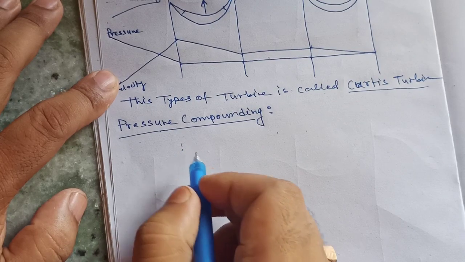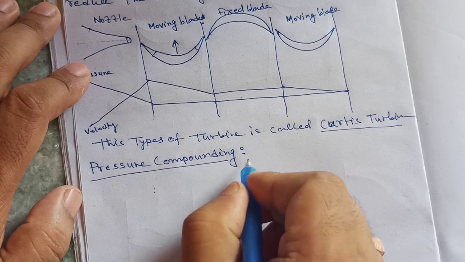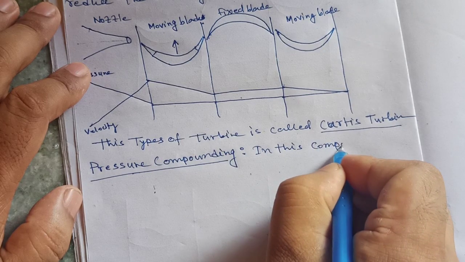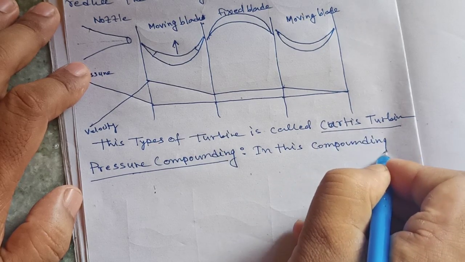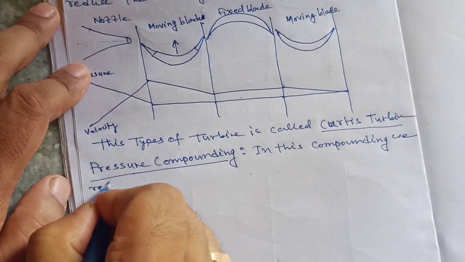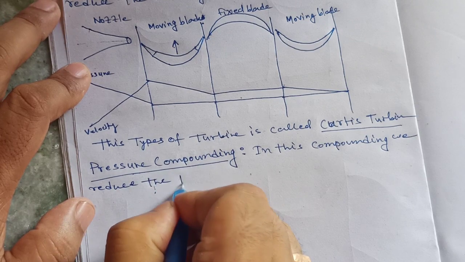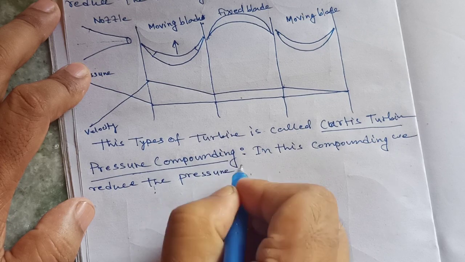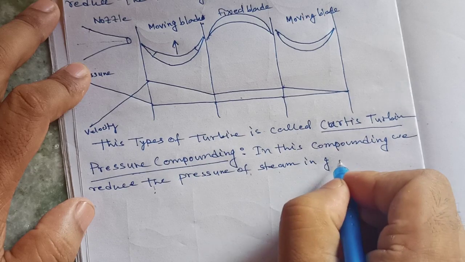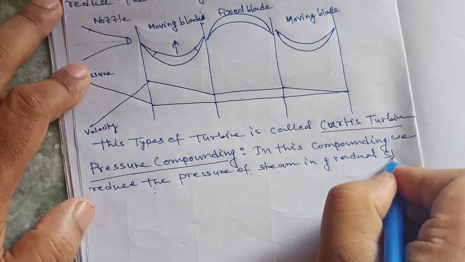Now for this case, what is pressure compounding? In this compounding, we reduce the pressure of steam in gradual steps.